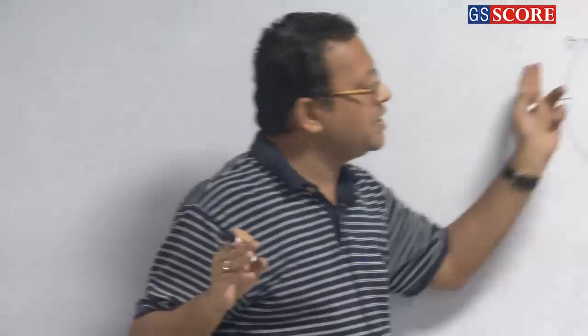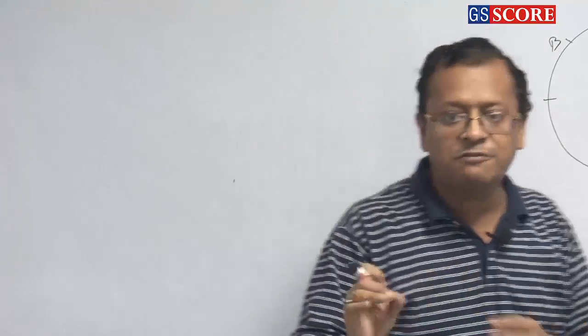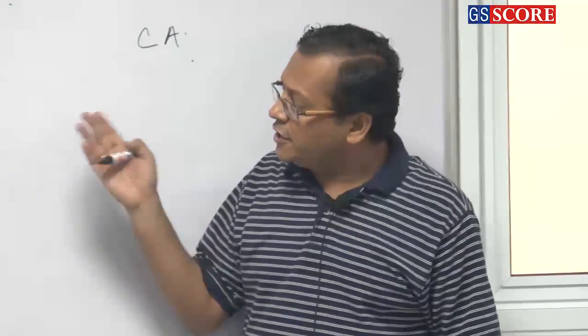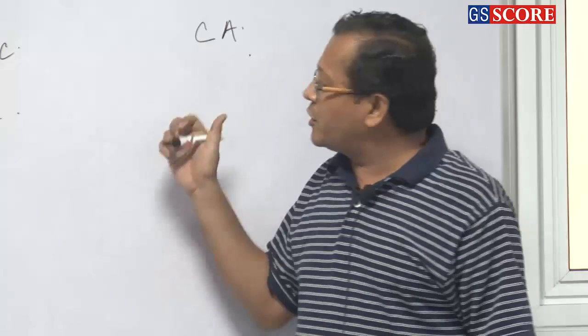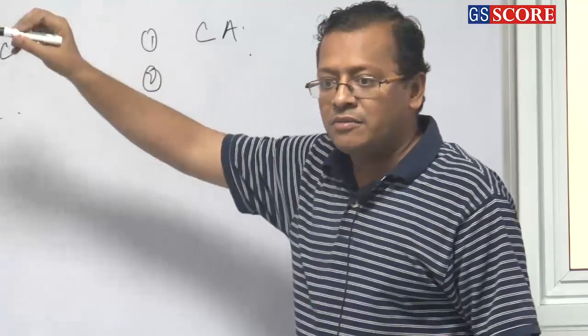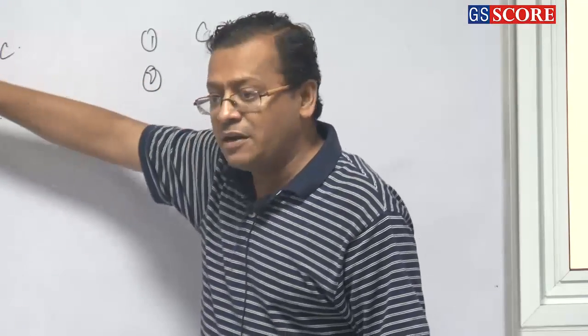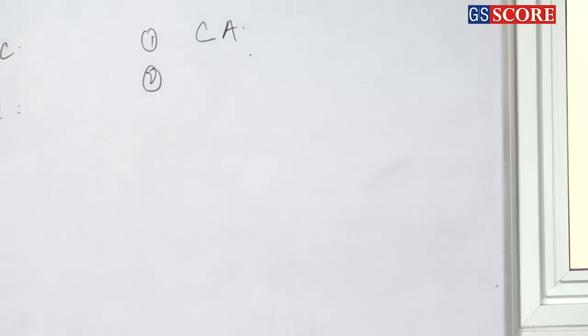Never write CA straight away here, because if some other condition comes, you might fall short and have to do it again. So whatever boundary conditions or clues are given, write them here. Draw the diagram: if there are 8 people, mark 8 positions; if there are 6 people, divide the circle into 6 parts and write accordingly. Clear or not?